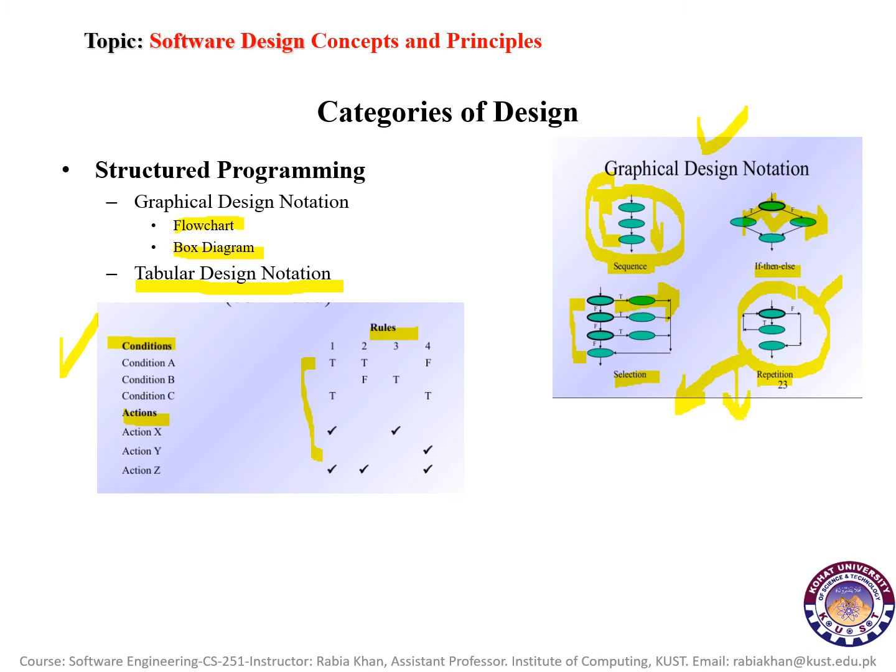Therefore, every column of the matrix may be interpreted as a processing rule. This is commonly used in artificial intelligence when rules and conditions are to be matched in order to take appropriate action. So tabular design notation or decision tables are used very commonly there.